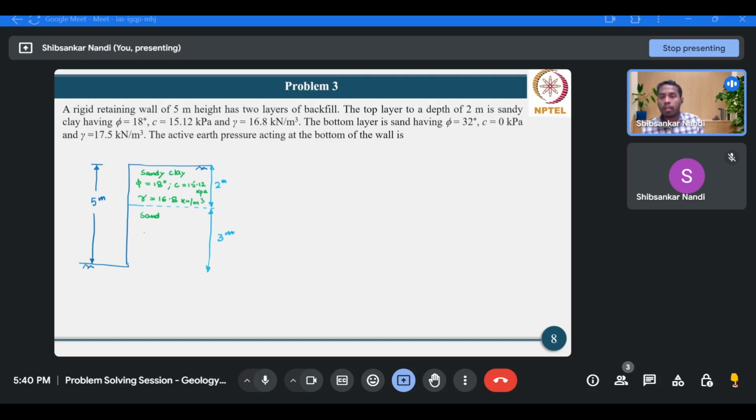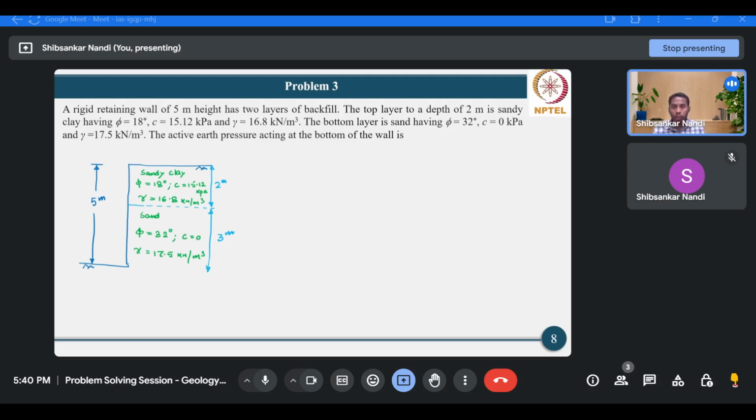For sand, the angle of internal friction, phi, is 32 degree, cohesion is 0, and unit weight is 17.5 kilonewton per meter cube. Now we have to calculate the active earth pressure acting at the base of the wall, that means at a depth of 5 meter from the top surface.